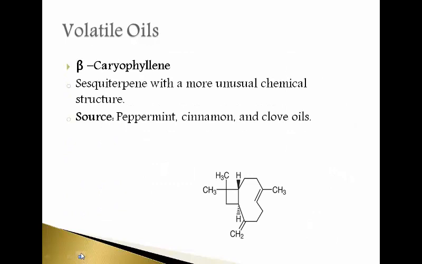Another example is beta caryophyllene, which is also sesquiterpene, with a more unusual chemical structure, and it is present in the volatile oils including peppermint, cinnamon, and clove oil.